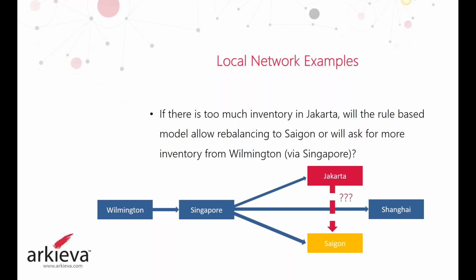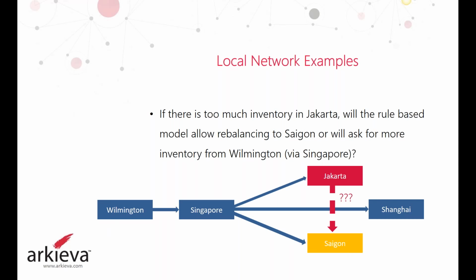A different way to ask that same question: if you have too much inventory in Jakarta and Saigon needs the product, how do we tell a rule-based model to move that inventory from Jakarta to Saigon as opposed to, for example, moving it from Wilmington to Singapore and then from Singapore to Saigon?